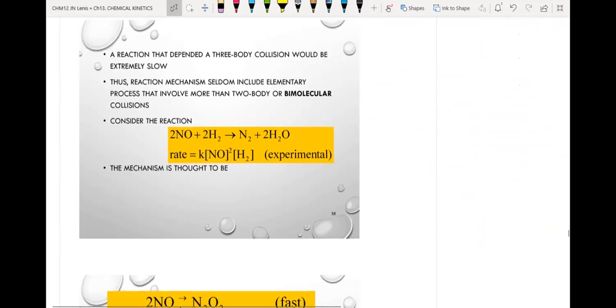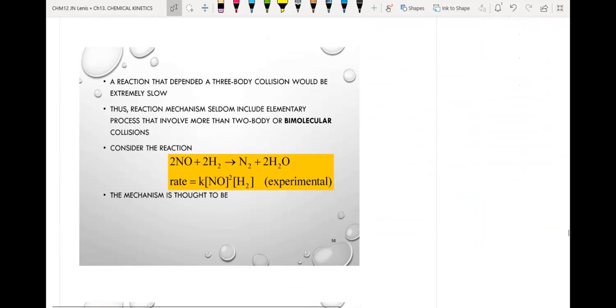This is one example. This reaction of 2NO plus 2H2 to form nitrogen gas N2 plus 2H2O is an overall reaction. This is the overall equation.